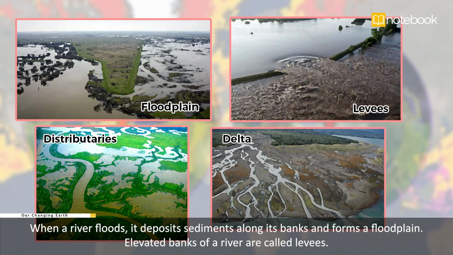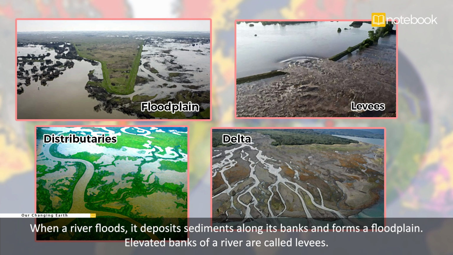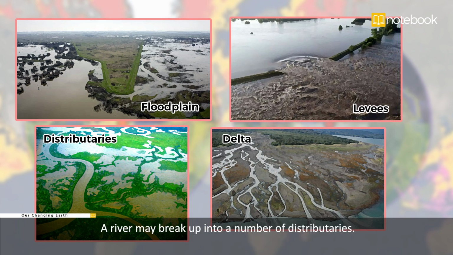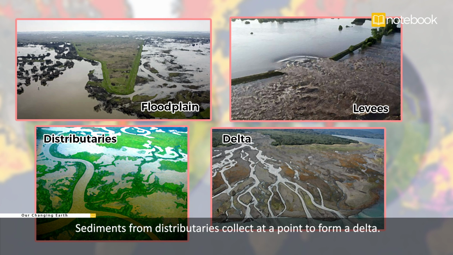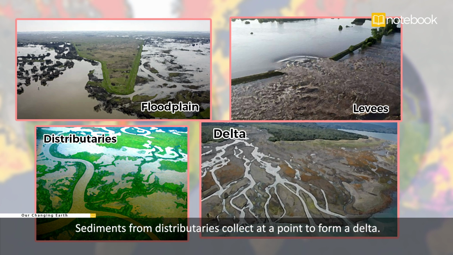When a river floods, it deposits sediments along its banks and forms a floodplain. Elevated banks of a river are called levees. A river may break up into a number of distributaries. Sediments from distributaries collect at a point to form a delta.